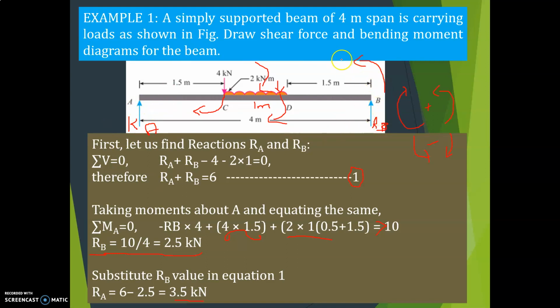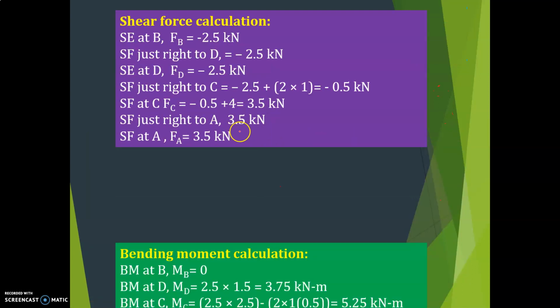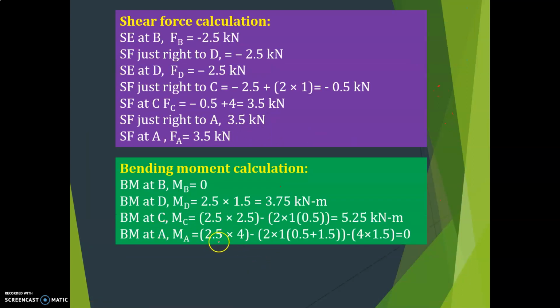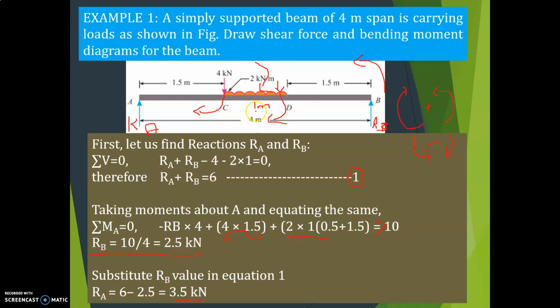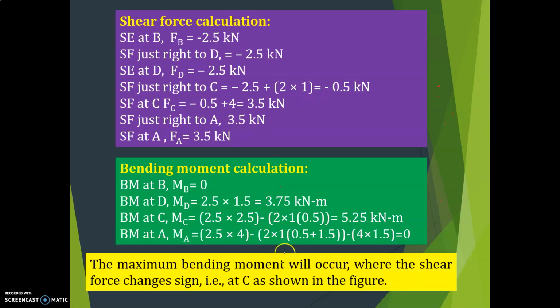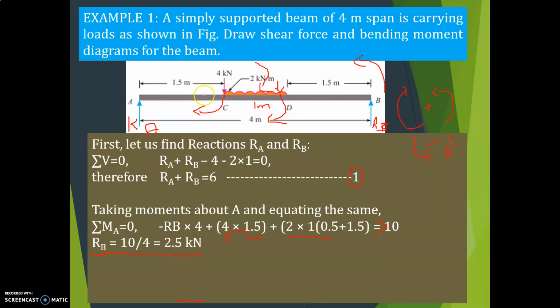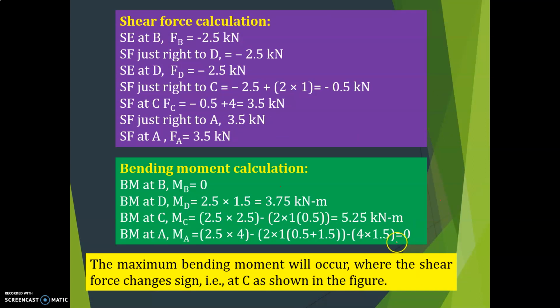RB, plus RB into full distance 4, minus 2 into 1 into 0.5 plus 1.5, minus 4 into 1.5. So you get at A is equal to 0.